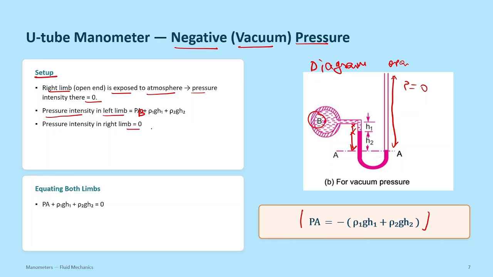Pressure intensity in the right limb equal to 0. If we equate both limb pressures, we get PA plus rho 1 G H1 plus rho 2 G H2 equal to 0. And if we shift to the right side, we will get rho 1 G H1 plus rho 2 G H2. So now we will derive it.